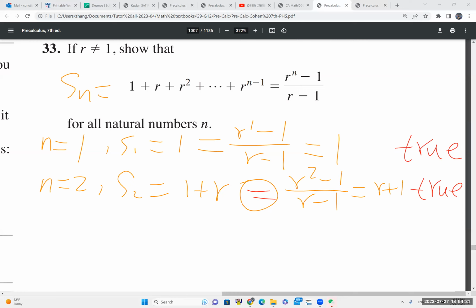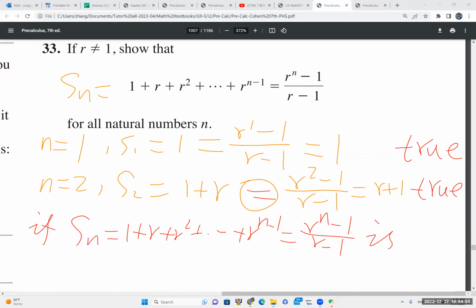Now suppose S_n equal to 1 plus r plus up to r^(n-1) equals (r^n minus 1) over (r minus 1) is true.